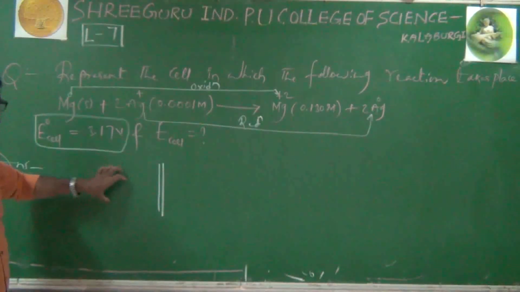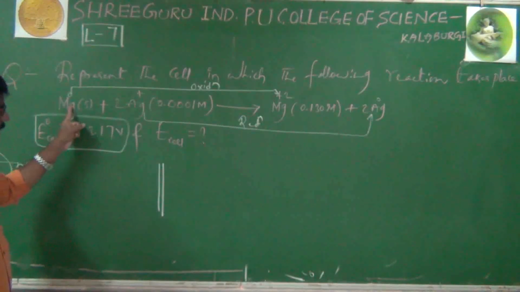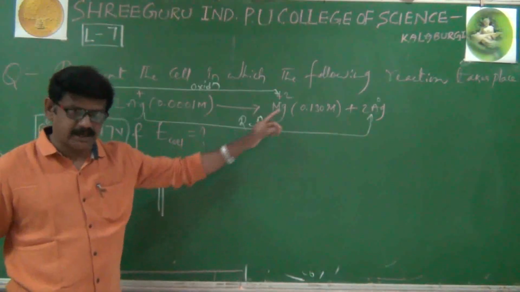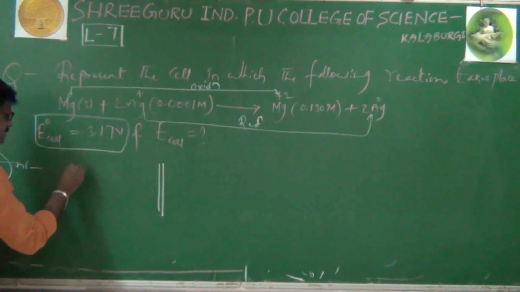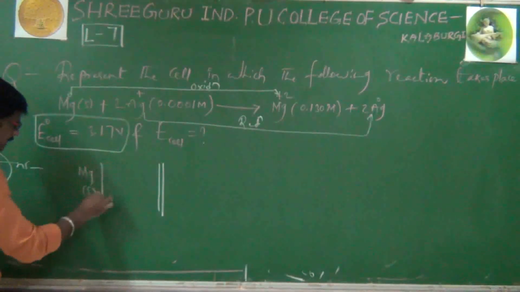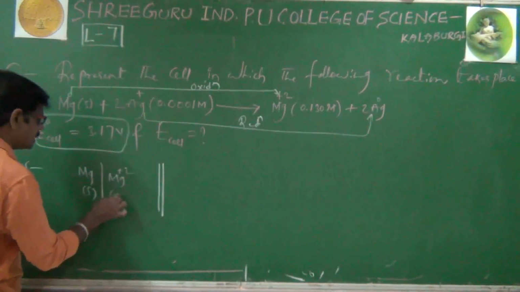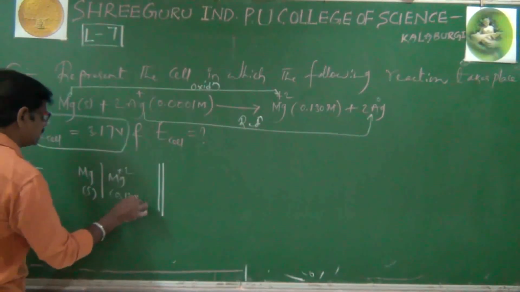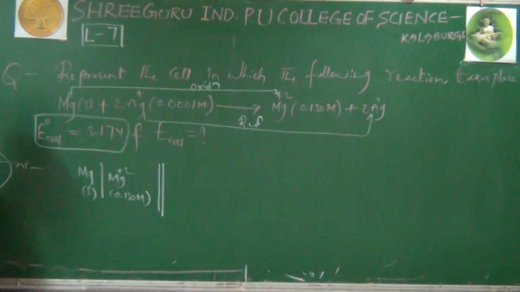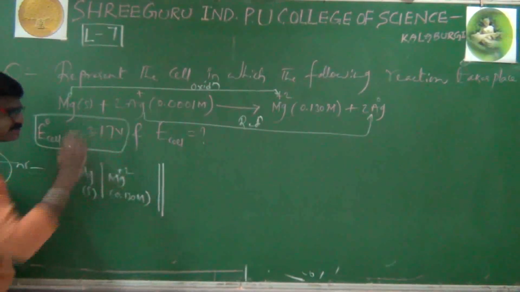Then while writing the oxidation symbol, first you have to write the metal followed by the metal ion. See here, the metal is magnesium. Magnesium of course is a solid substance, oblique Mg plus 2, whose concentration is 0.130 molar. That's all. It is the anodic symbol: magnesium converted to Mg plus 2, that is the oxidation symbol.